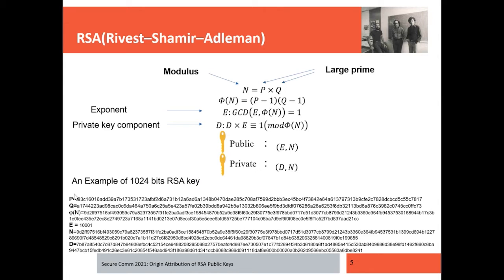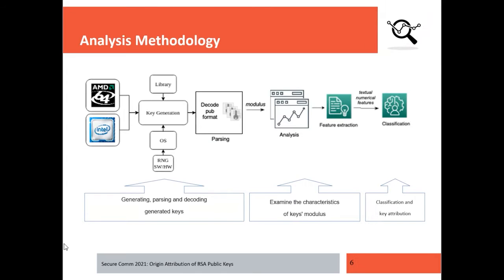Here you can see an example of an RSA key that has 1024 bits length, and you can see that for P and Q, the two prime components, each has 512 bits. Then we can calculate the modulus, exponent, and the D value.